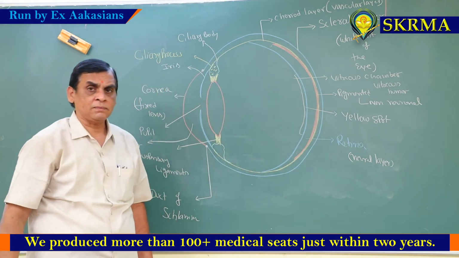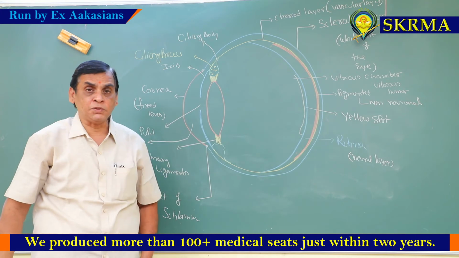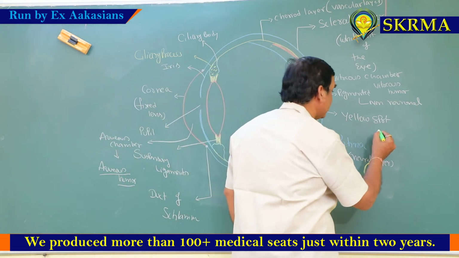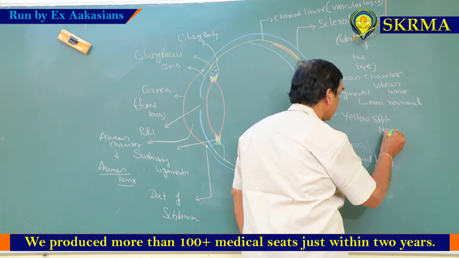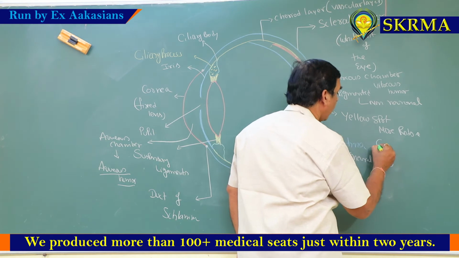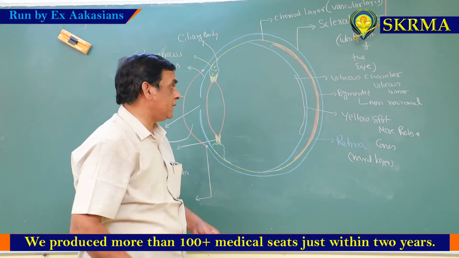It is called the yellow spot or macula lutea. It is provided with more rods and cones.